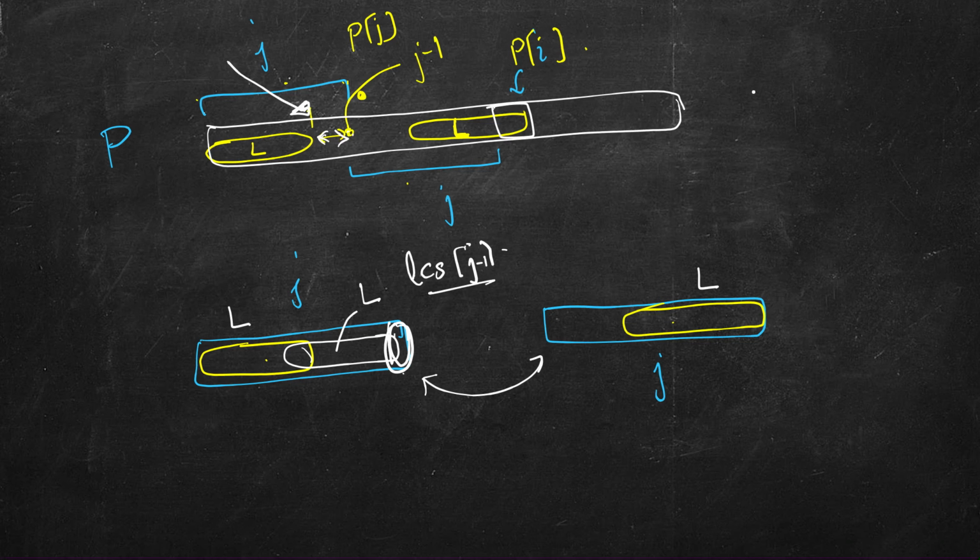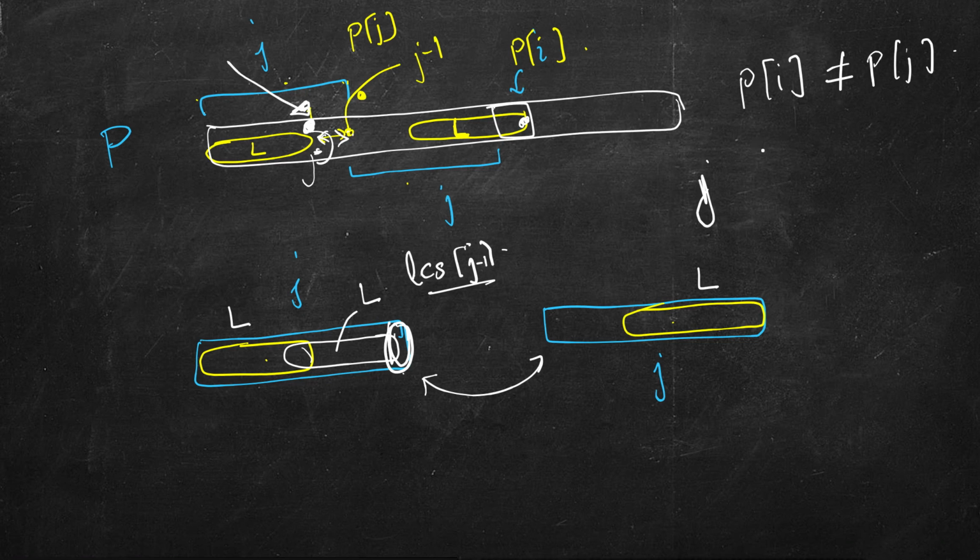So that's why, when pi is not equal to pj, we will move j here. We move here, and then we compare the next character with the current one. If they match, then we include this. If they don't match, again we continue repeating the process.